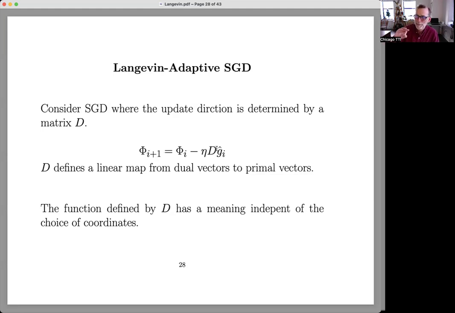And we'd like to get the same temperature in every coordinate, because if we have a prior probability that's assuming an isotropic prior on parameters, it would be nice to be getting something that's sampling from the posterior distribution. So what I'm going to try to do here is introduce this matrix D and solve for D in such a way that the stationary distribution is the Gibbs distribution. It has a single temperature. It does not have a different temperature for each parameter value.